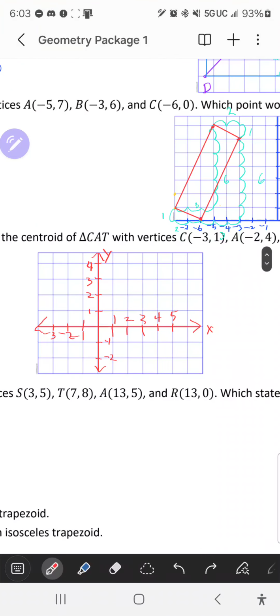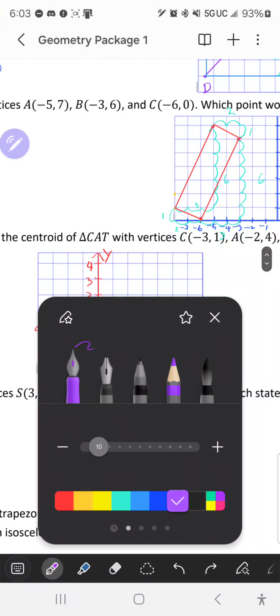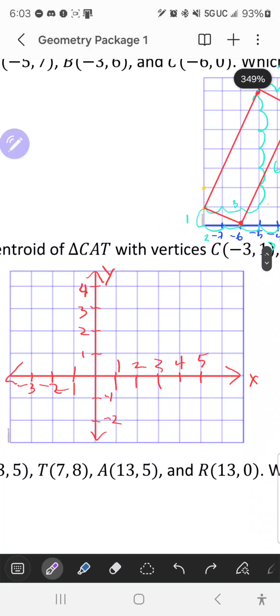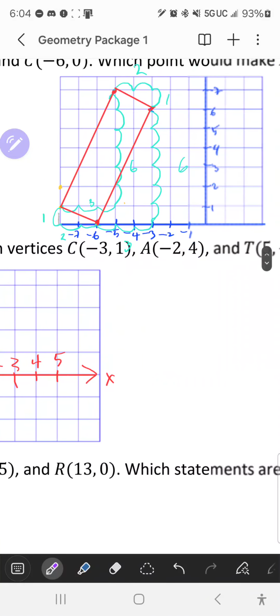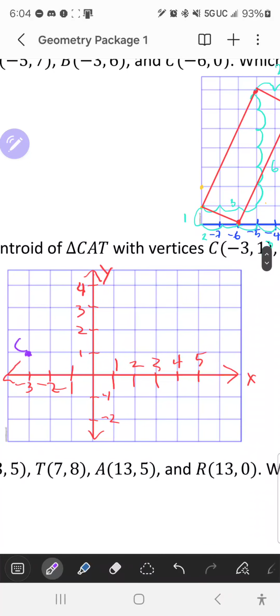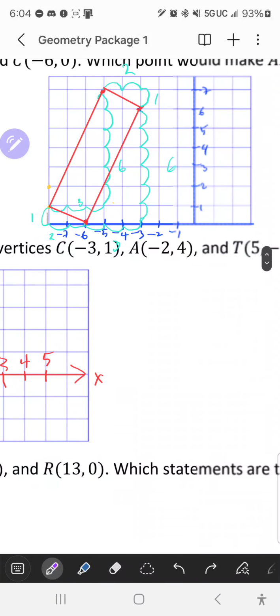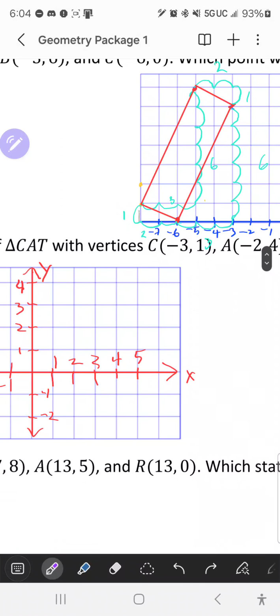So basically, let's first put the points. So -3, 1 is C, -2, 4. This is A. Oh, CAT. I love kitties. I didn't realize that before. 5, -2.